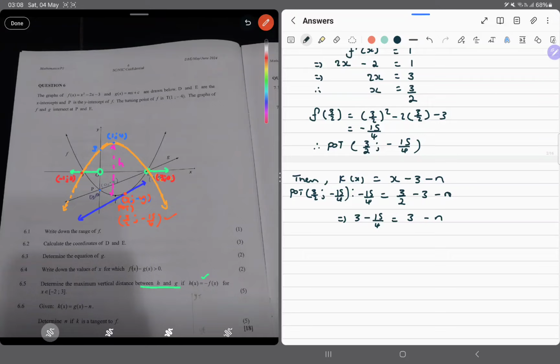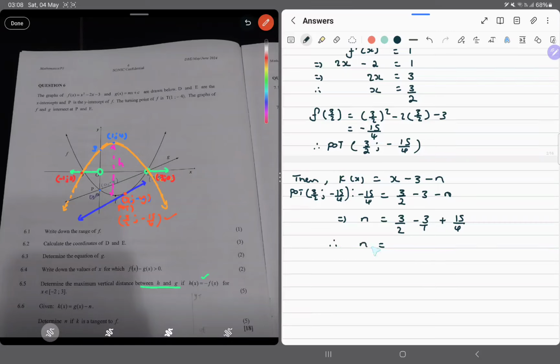I don't know why I did that. Why did I transpose? We transpose n to the other side. Then we have 3 over 2 minus 3 plus 15 over 4. This is over 1.